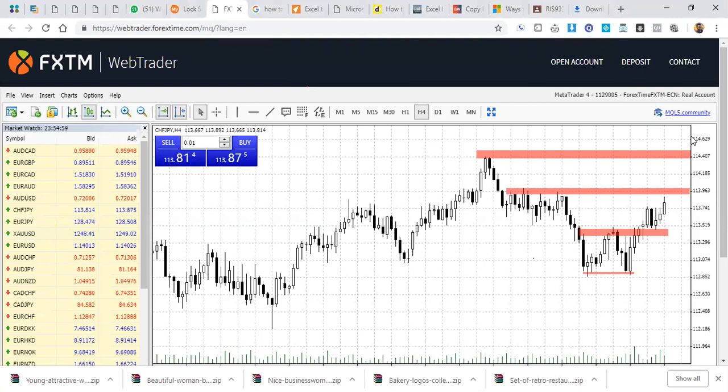Seeing shorts on double bottom on the 4 hour. Yep, double bottoms right here. We formed the double bottom and we pushed above the double bottoms. This one, top, double bottoms.